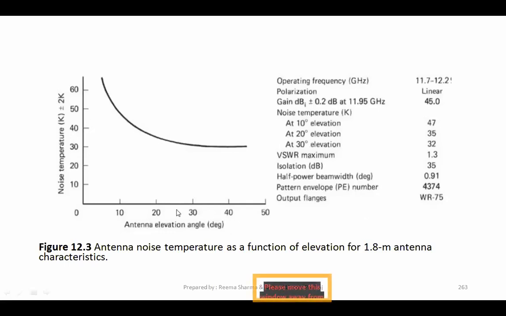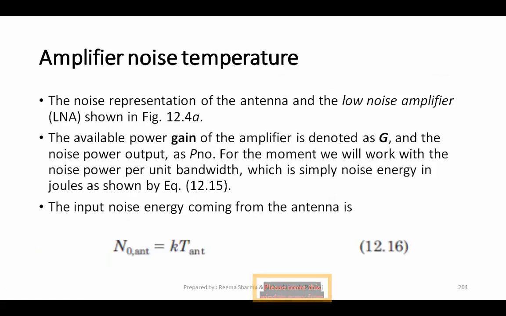You can just understand that as your antenna elevation angle increases, the amount of noise also decreases. So which means antenna elevation angle and your noise temperature are inversely proportional.